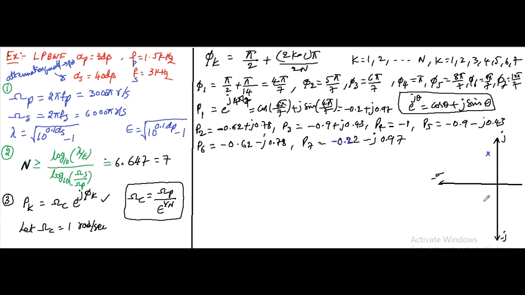Real value is negative, but imaginary value is negative, so you have to locate it here. I am assuming this is minus 0.97 and this value is 0.97, right? If you find the location of the remaining poles, those are located like this, right? Totally 7 poles are there.